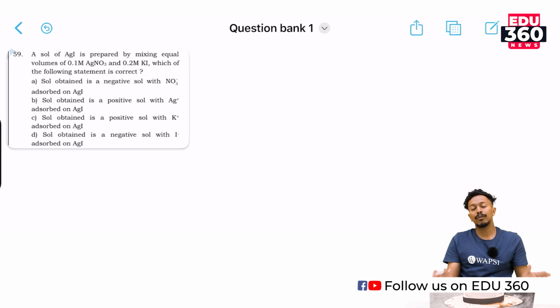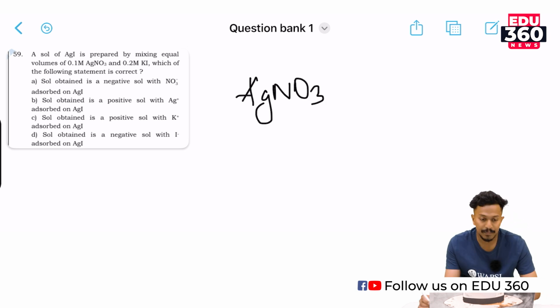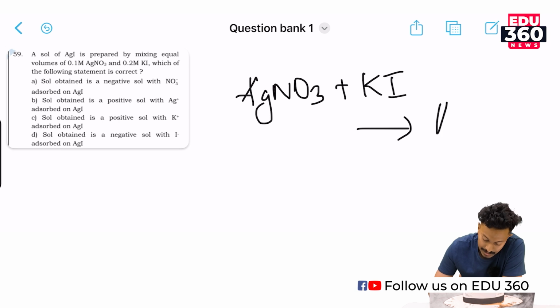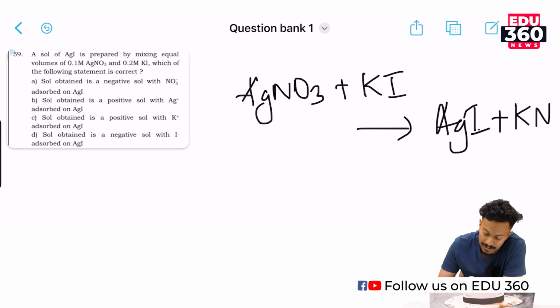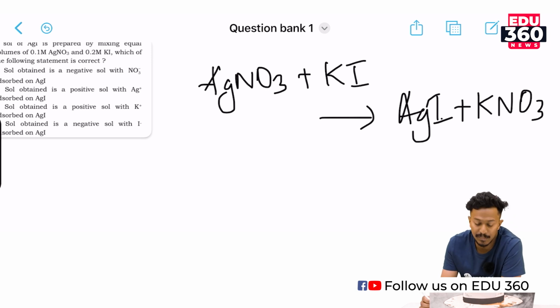We don't know. Before doing that, we might write the balanced chemical equation of this reaction. Okay, when silver nitrate is treated with potassium iodide, this is then formed to silver iodide plus potassium nitrate. Okay, this is the balanced chemical reaction for this statement.